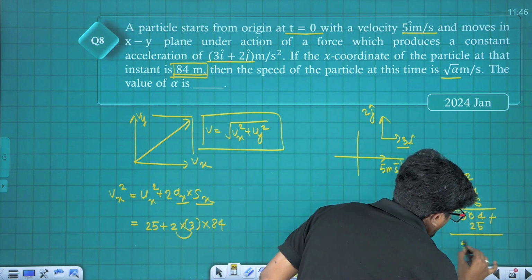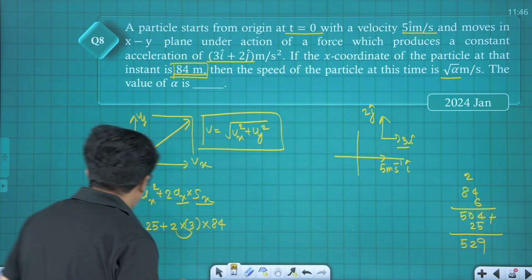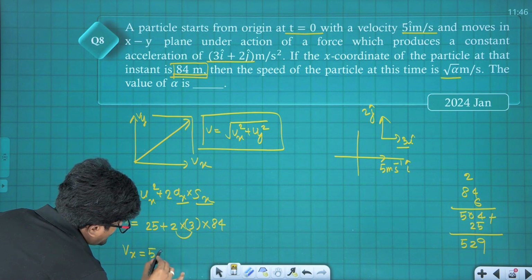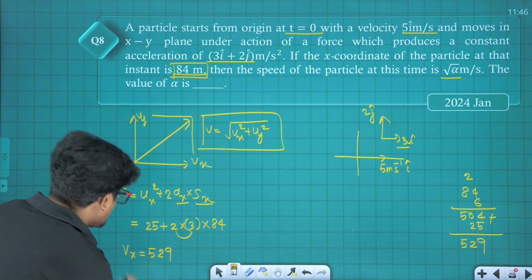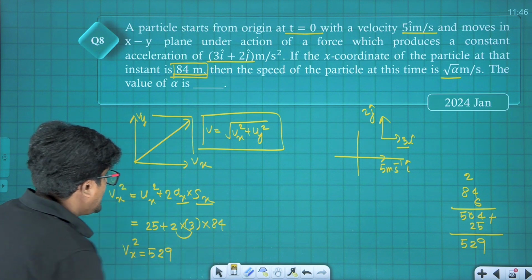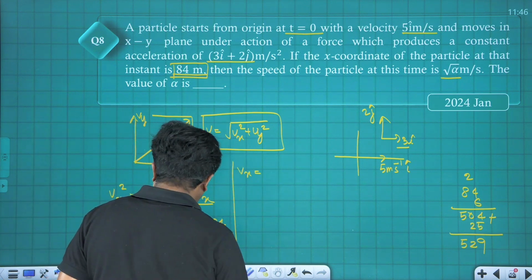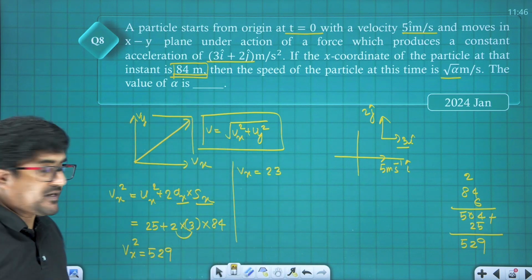So here this is going to be 529. Here it is 529. So Vx square, it's coming as 529. Okay, Vx square is coming as 529. And what about Vx now? Vx is going to be 23.